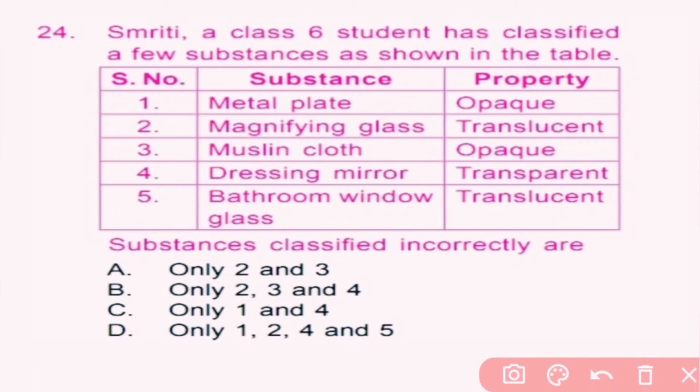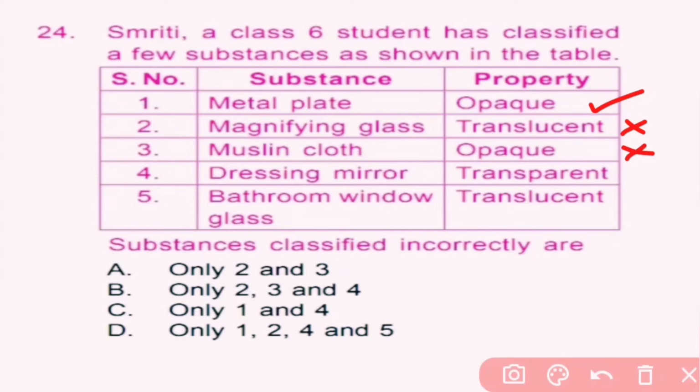Question number 24. Smriti, a class 6 student, has classified a few substances as shown in the table. Number 1, metal plate, opaque. So the metal plate is opaque. Number 2, magnifying glass. A magnifying glass is transparent. Option 3, muslin cloth. Muslin cloth is a thin cotton cloth, so it is translucent.